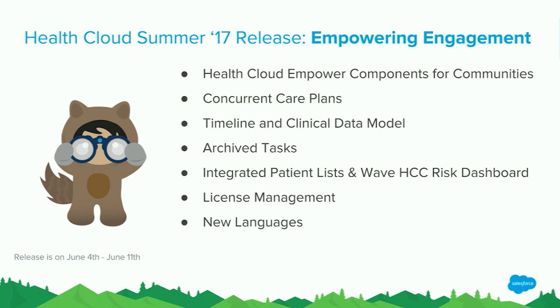Then we briefly touched upon support for archive tasks and the ability to move a patient list from Wave into Health Cloud more seamlessly. And last but not least, to wrap us up, Zabe talked us through the license management capabilities for admins and users, and now the new language support of 3 new languages, taking us up to 9 in total.